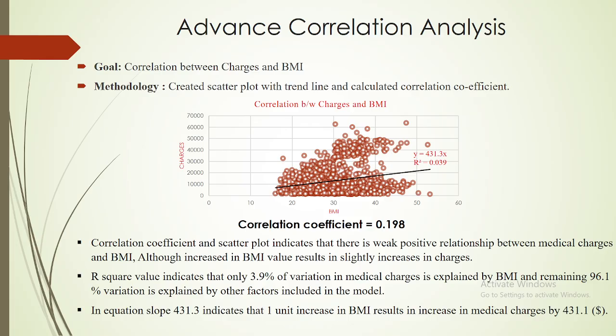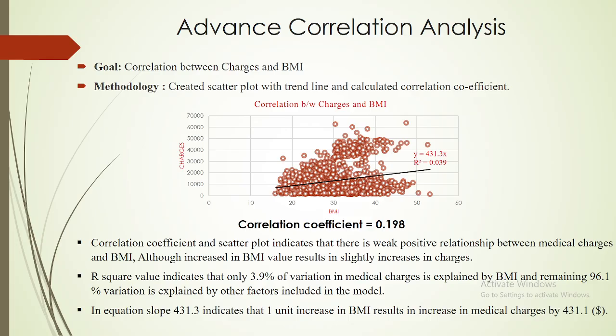Here the R square value is 0.039. It means only 3.9% of the variation in medical cost is explained by body mass index, and the remaining 96.1% of the variation in medical cost is explained by other factors. So that's exactly what the R square value tells.